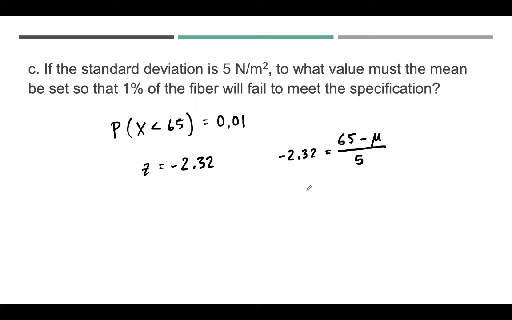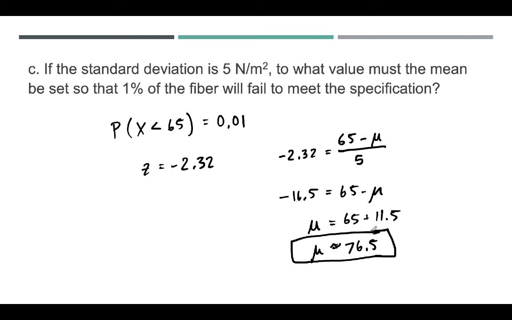So again, a little bit of algebra here. We get, let's say, negative 11.5. I'm just going to round off here. And if we bring mu over here, 65 plus 11.5, our new mean would have to be approximately 76.5.